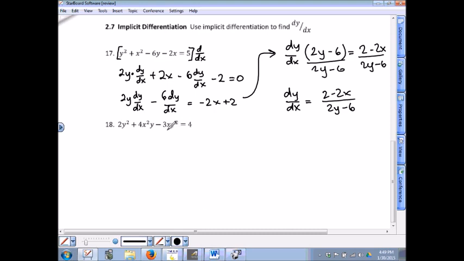It's a similar situation here. This one is a bit more complicated because we have some product rules here. So the derivative of this first term, 2y squared, is 4y dy dx.